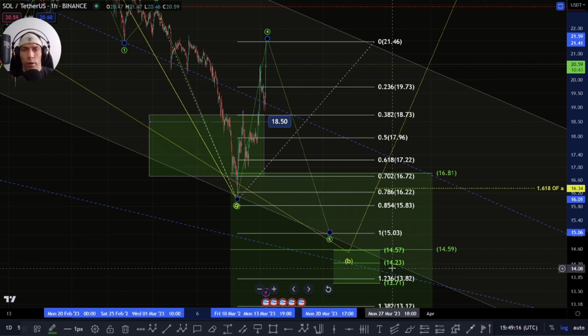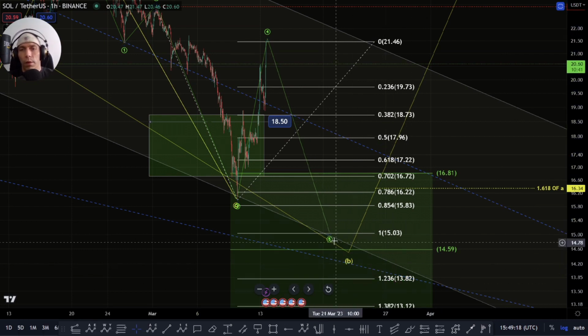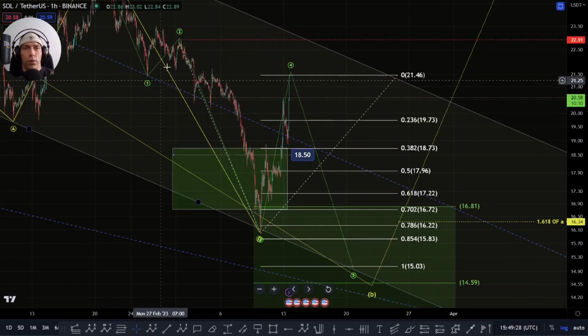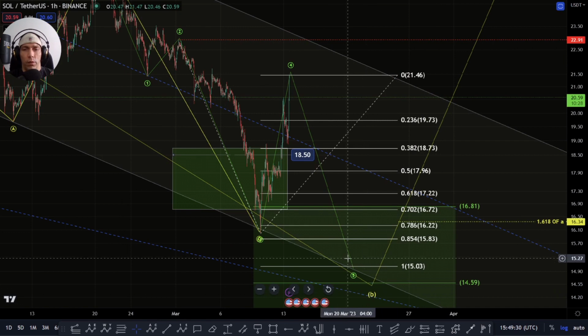So if we do actually look to move down here one more time, potentially we could look to move down towards this bottom trend line again in a zigzag structure. That would suffice for this to fulfill that shape of having an expanding diagonal here.